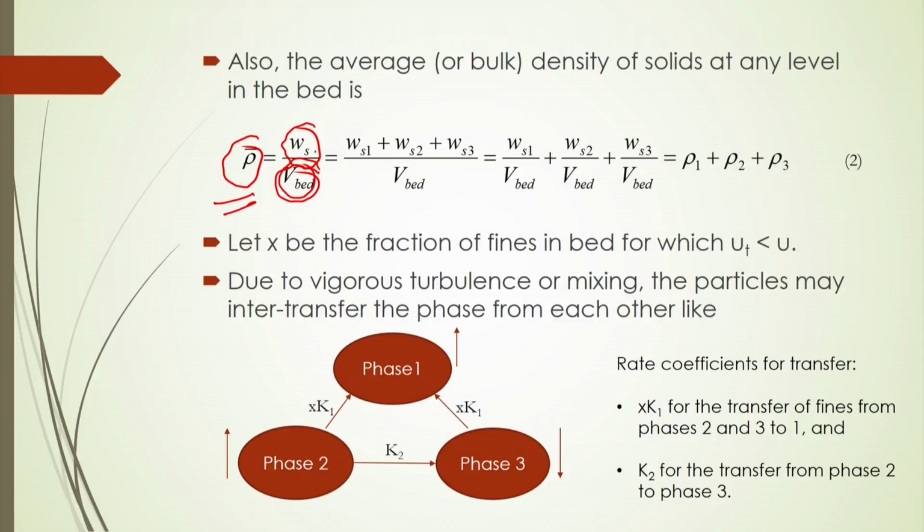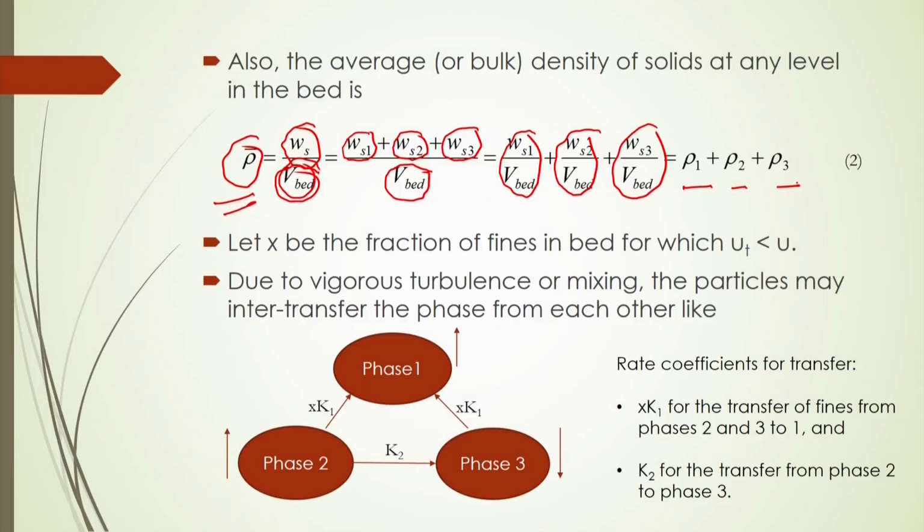This is the sum of the mass of solids for phase 1, phase 2 and phase 3, divided by the volume of the bed, which gives the average bulk density. Individually, dividing by the bed volume, you get rho 1, rho 2 and rho 3.